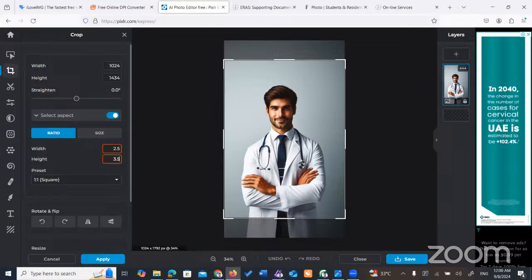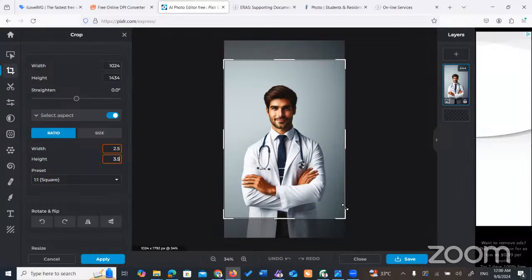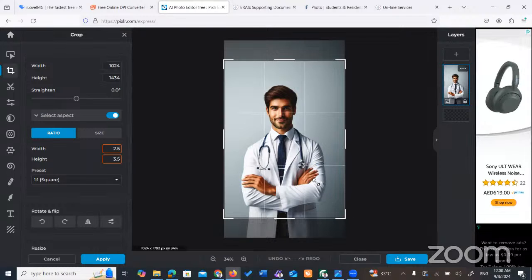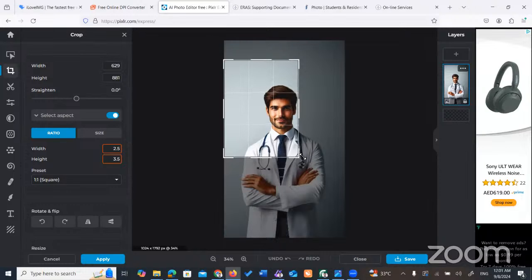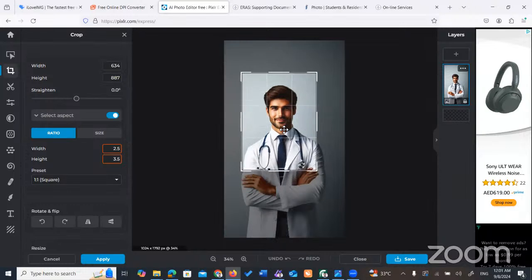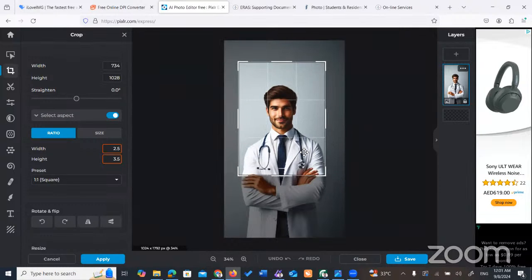So anyway, by maintaining the aspect, you maintain the ratio of the width and height, and then you select the area that you want to show on the picture. Let's say this size, because you have to show both of the shoulders, and the face should be centered and looking forward.